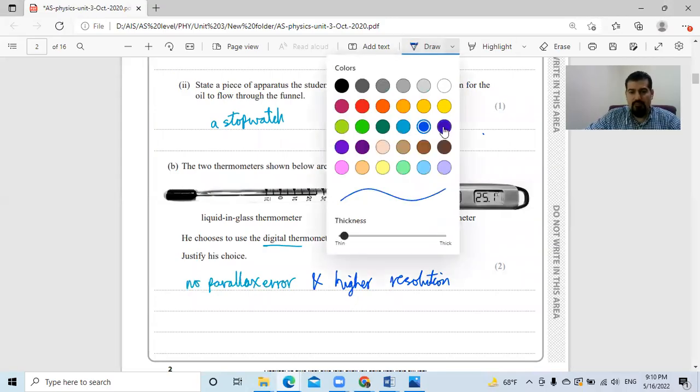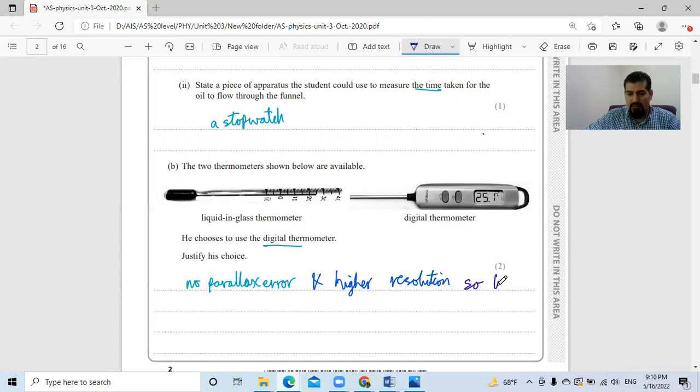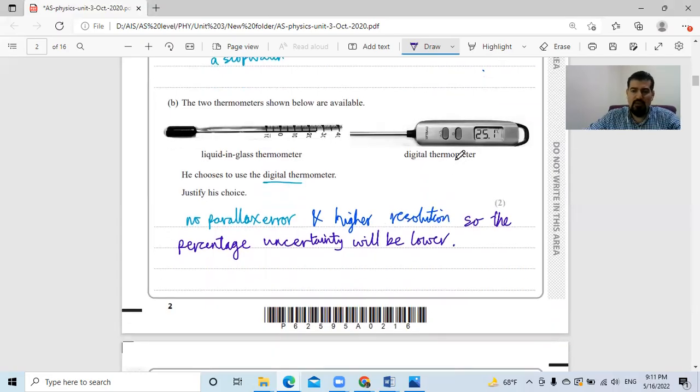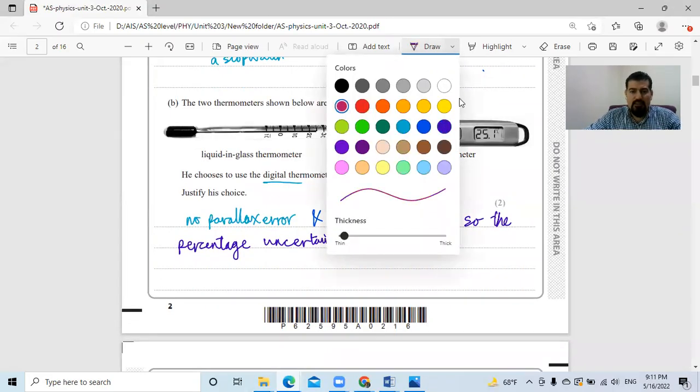So the percentage uncertainty will be lower. Good, that's good. Next.